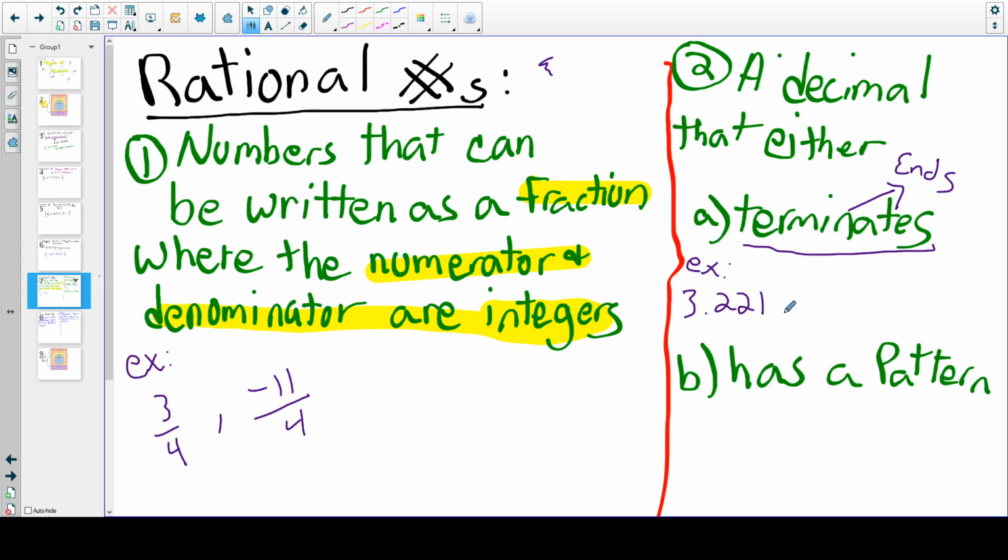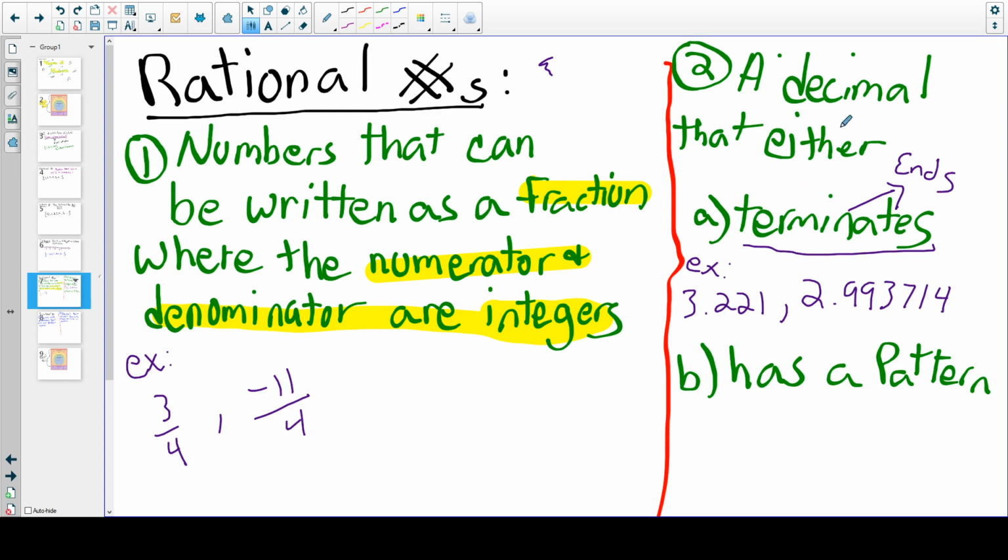Yeah, it doesn't go on forever. How about another example: 2.9937114. It's not a fraction, so it's a decimal. Does it terminate? Yeah, it ends. I didn't put a dot dot dot at the end, so because it ends, it must be rational.